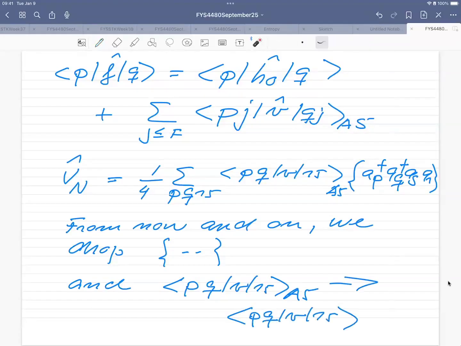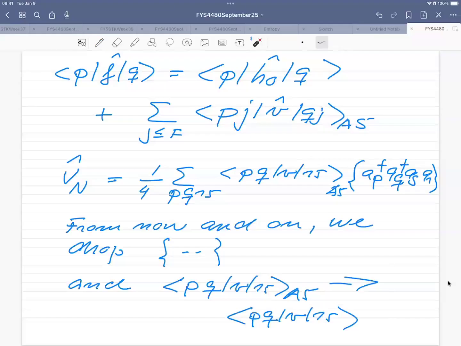That means that depending on what we have in front here, if there's a factor of a half, which you will see in many textbooks, then it's not an anti-symmetrized element. If there is a factor of 1 divided by 4, this means that we actually include the direct term and the exchange term. So from the context and the way the equations are written, in order to avoid notational clutter again, we skip AS and we also skip these curly brackets.